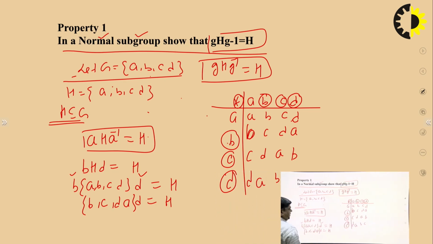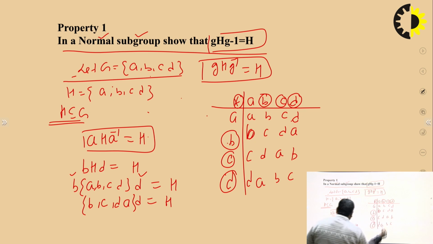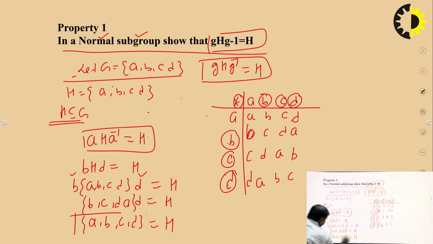D operate B is A. D operate C is B. D operate D is C, and D operate A is D. Now the theorem is proved.